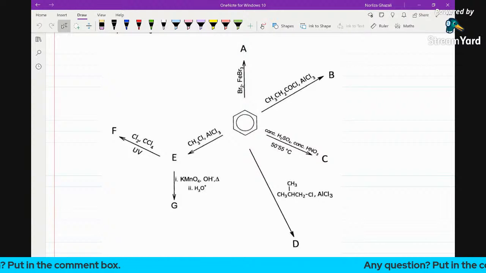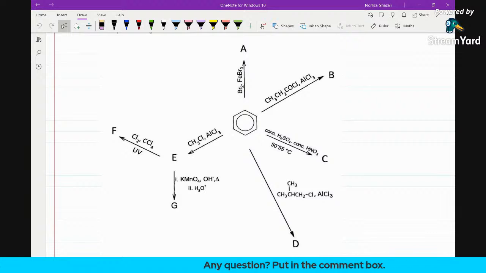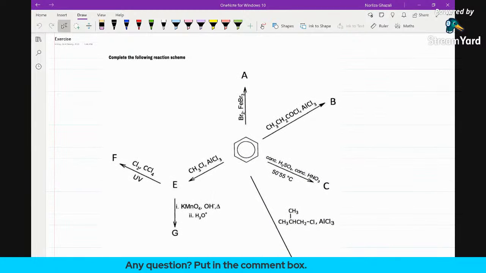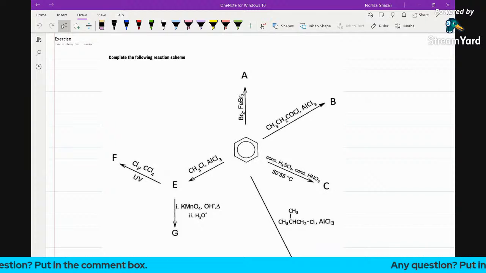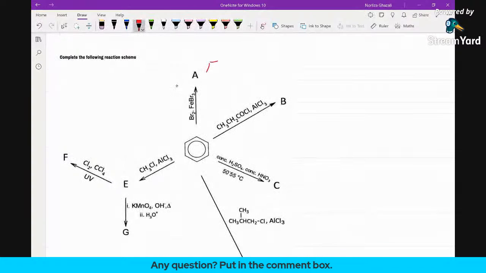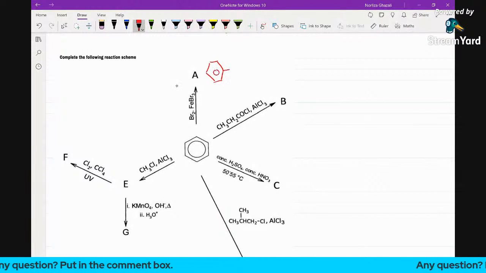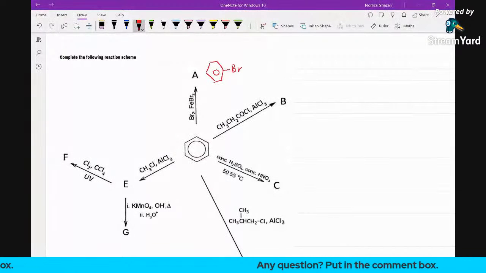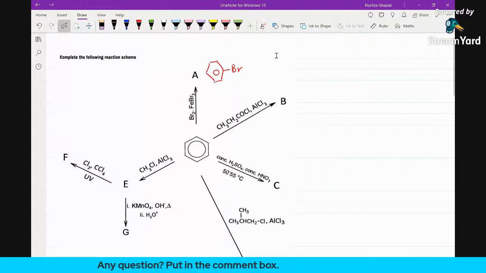The first one: benzene, bromine, and FeBr3. Therefore, let's do it together. Bromobenzene. Take out hydrogen from benzene, replace with bromine. So A is bromobenzene.